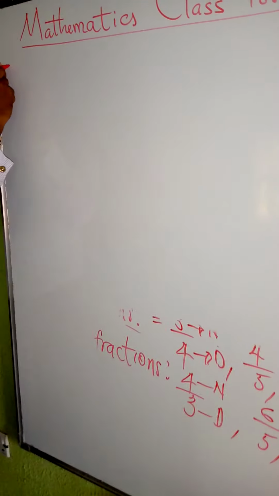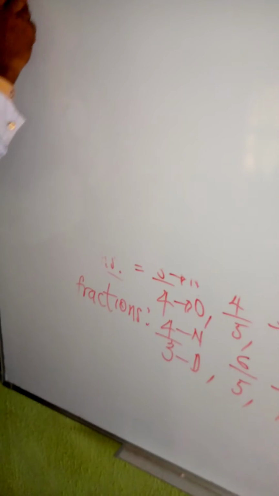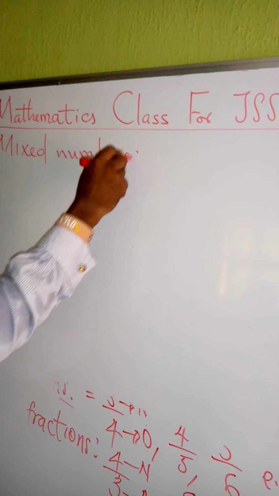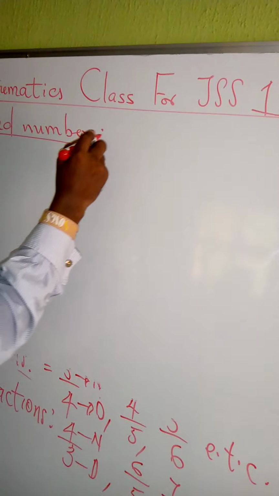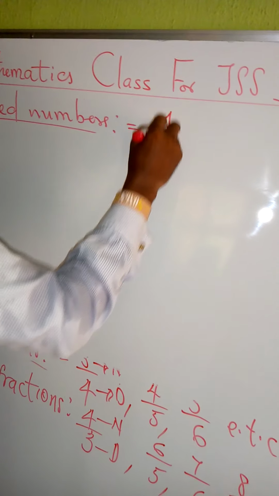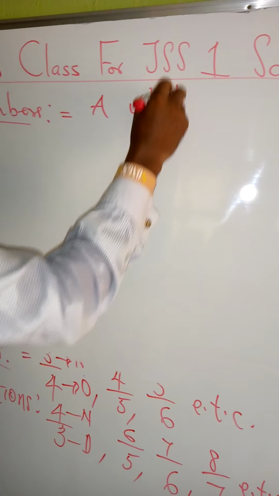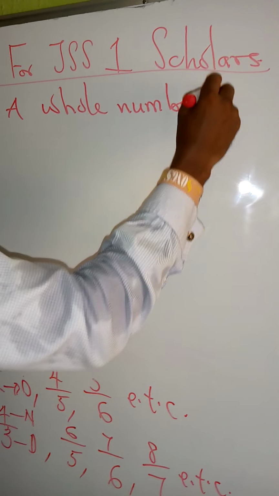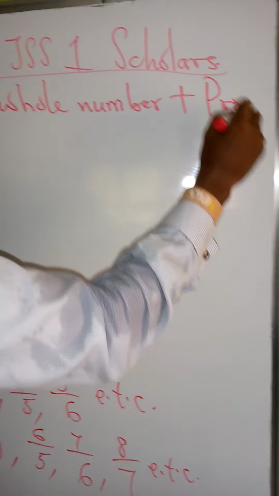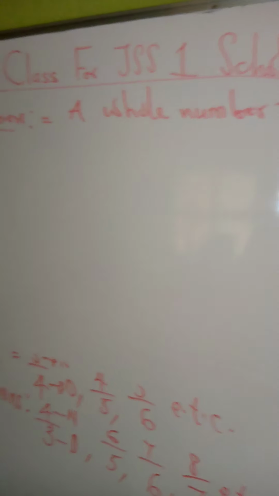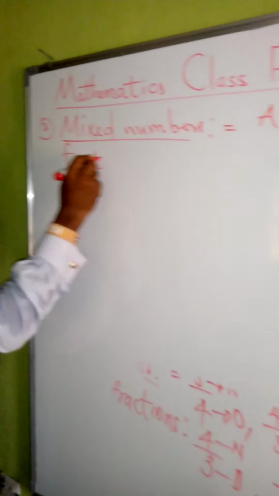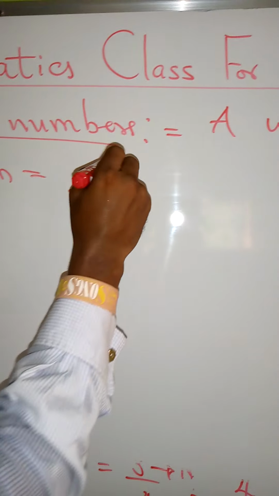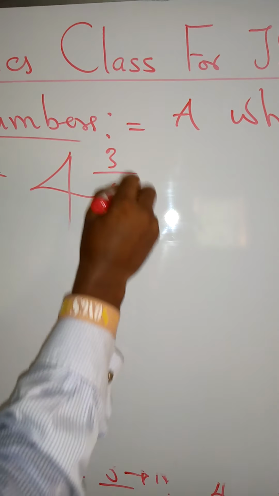Mixed number equals a whole number plus proper fraction. A whole number plus proper fraction. For example, you have 4 whole number, then you add 3/4.